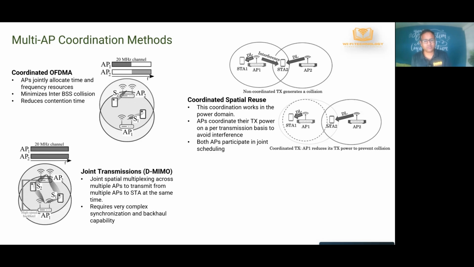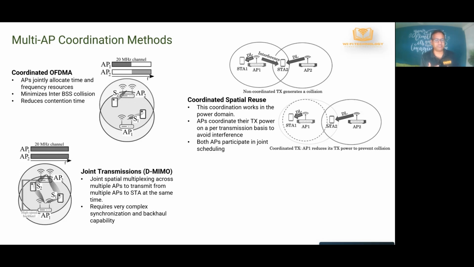So similarly, you can do joint transmissions, for example, right? One of the things you can do is joint spatial multiplexing across multiple access points. So for example, AP1 can beamform simultaneously to both station 1 and station 2, and AP2 can also transmit to both station 1 and station 2 simultaneously across multiple cells without interfering with each other, using beamforming.